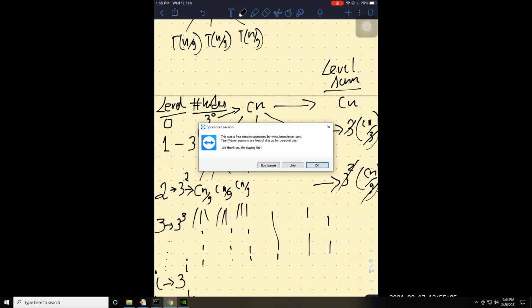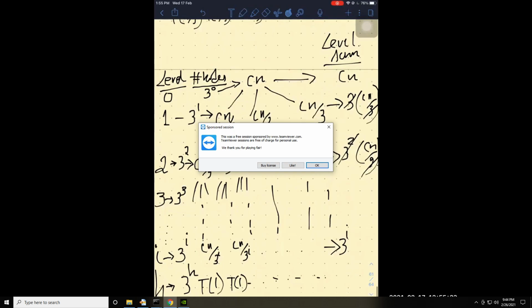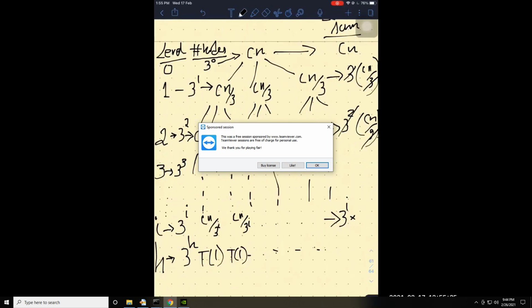Then for the ith level, we will have 3 to the power i nodes, and each of their values will be C of n divided by 3 to the power i.